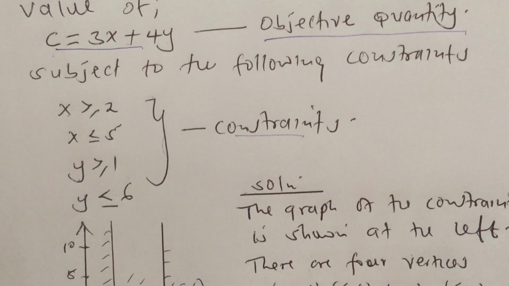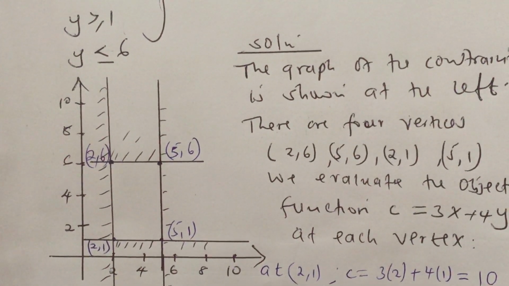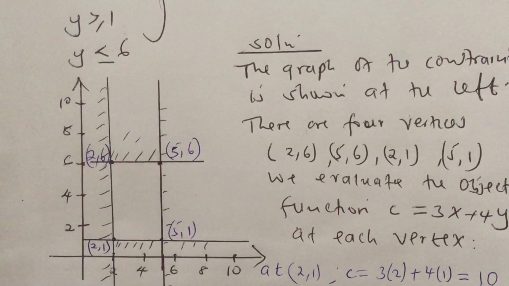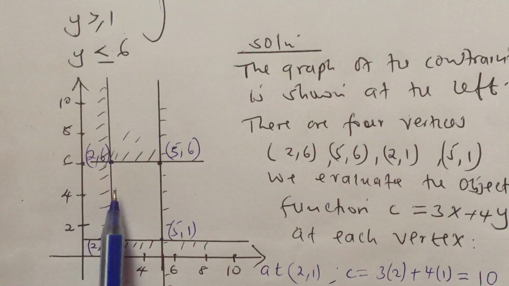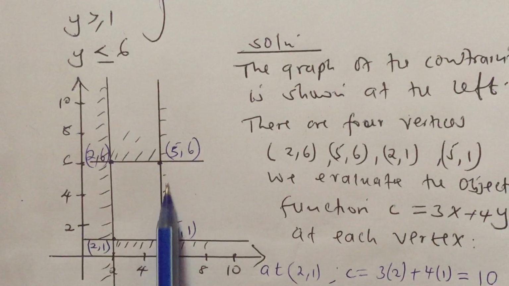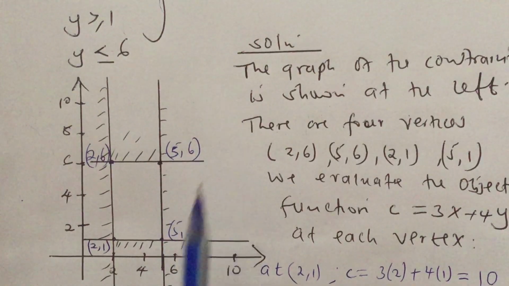So I've actually on the left hand side tried to draw those inequalities. The first one being x is greater than 2, I've drawn a line through 2 and shaded the lower part because we require the region which is greater than x. Then the second one is x less than 5. I've drawn a line through 5 and shaded the greater part.